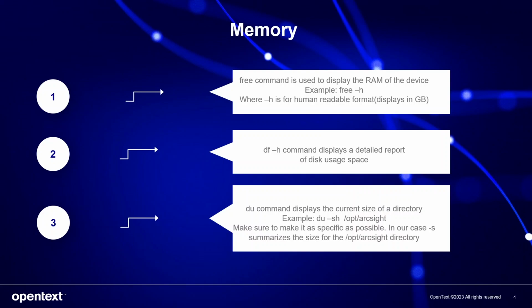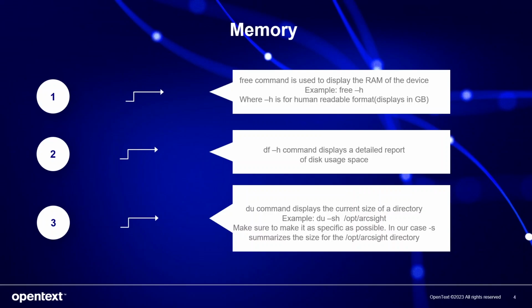The df -h command displays a detailed report of disk usage space. This is very useful when you're trying to see how much space each directory occupies in memory. The du command displays the current size of a directory.